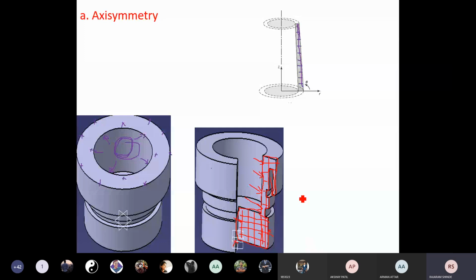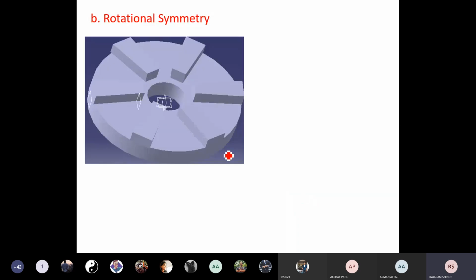Okay. Now this is the first type of symmetry. The second type of symmetry is rotational symmetry. I will show you this by image. You see here, if this is the object, there is one rotational axis. And your geometry is symmetric about that rotational axis, and material properties are symmetric about this rotational axis.